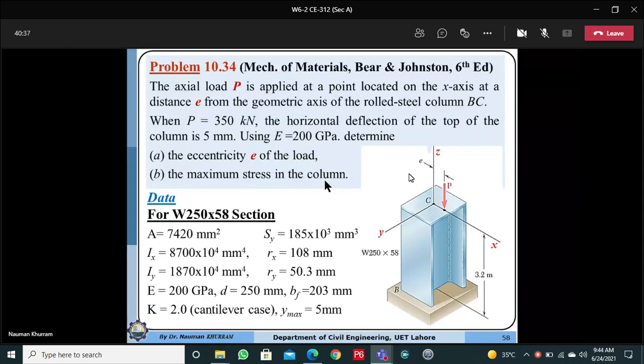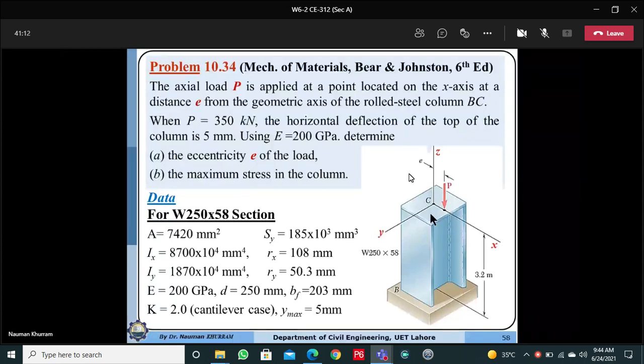Here, first of all you need to understand the main parameter. This eccentricity is given in x direction, along the x-axis. So if the eccentricity is given along the x-axis, this load P will produce a moment about the y-axis, because the moment about the y-axis is produced by the load times the moment arm, which is perpendicular to the bending axis.